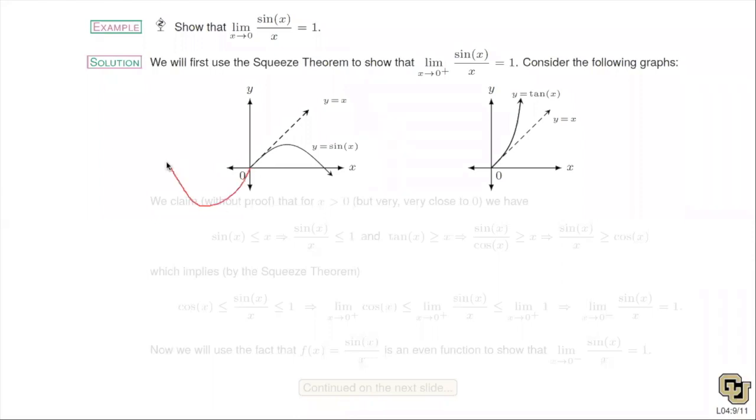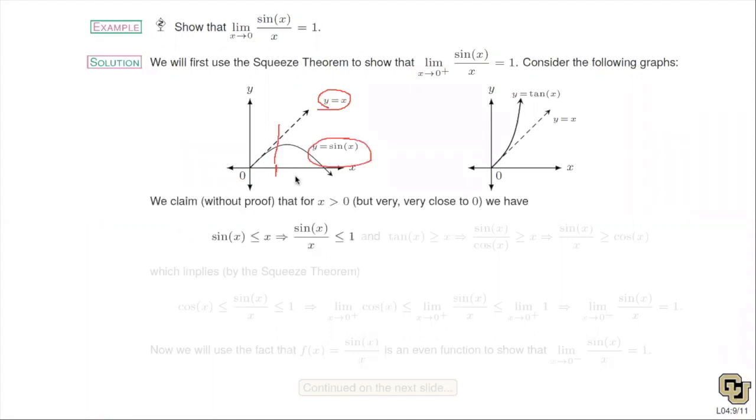So here I've graphed y equal to sine of x and y equal to x. But I only need the graph in the first quadrant. So I actually have only graphed y equal to x, y equal to sine x in the first quadrant. Now, if you look in the first quadrant for x to the right of 0, but very close, you can see y equal to x is greater than sine of x.